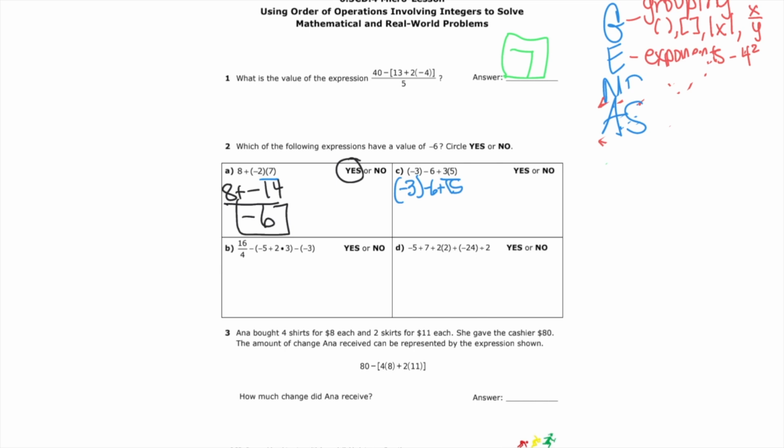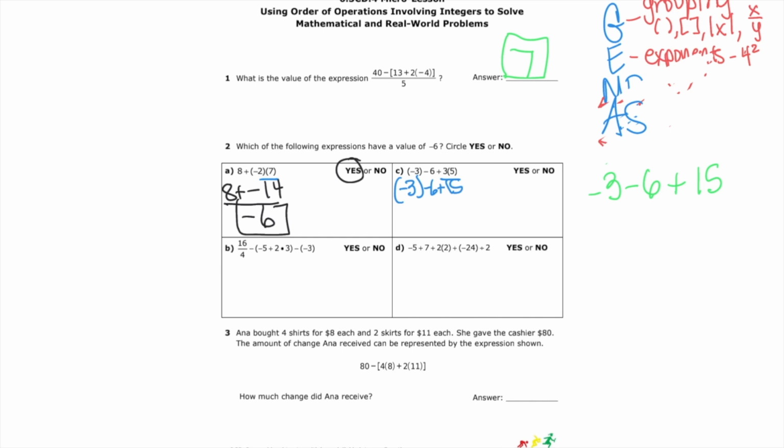But in this case, I'm adding or subtracting integers, so I have to follow those special rules for integers. Let's go from left to right because subtracting happens before addition here.